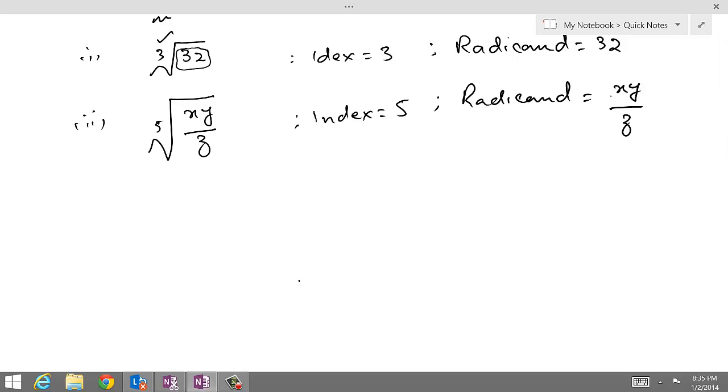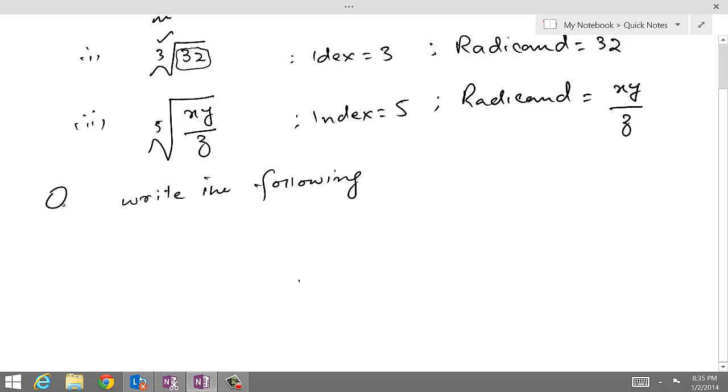Another situation where we come across converting a radical form into exponential form is: write the following in radical form. So this is another question.